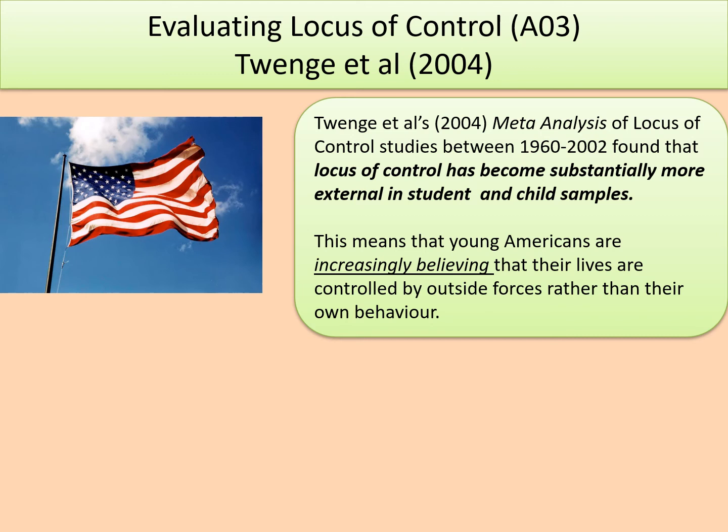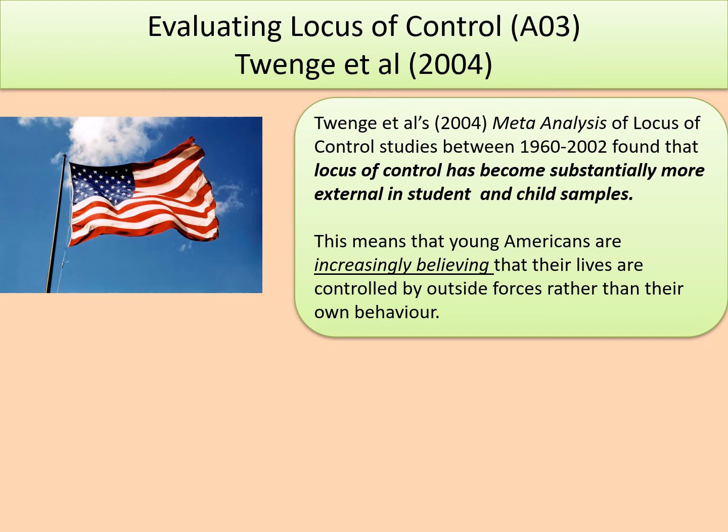So the meta-analysis looked at locus of control studies between 1960 and 2002, and they found that locus of control has become substantially more external in student and child samples in America, meaning that young Americans are increasingly believing that their lives are controlled by other outside forces rather than their own behaviour.